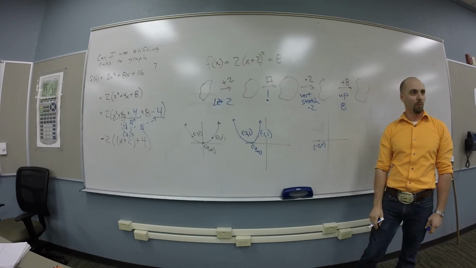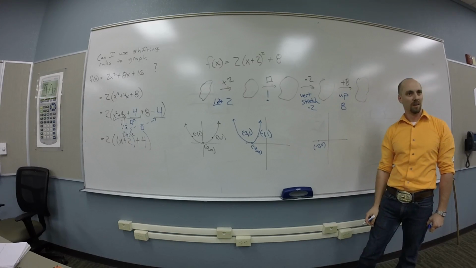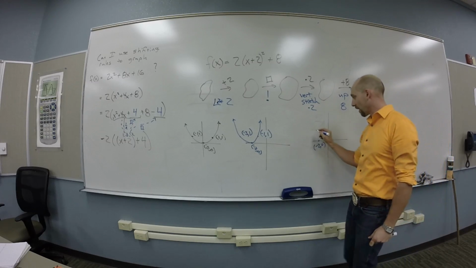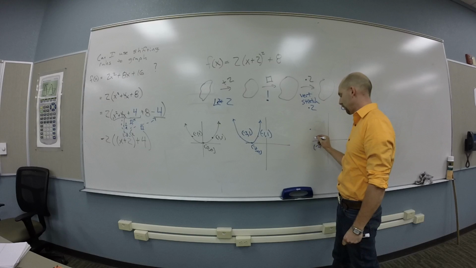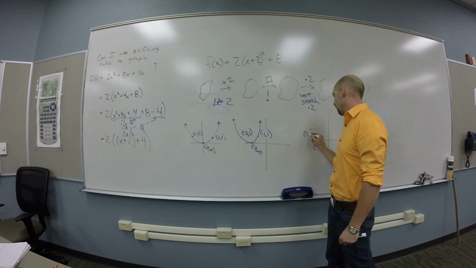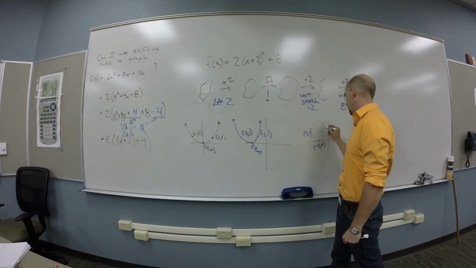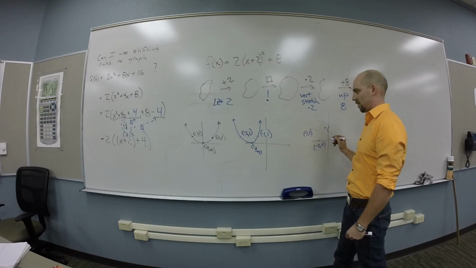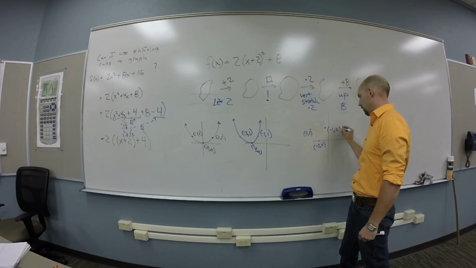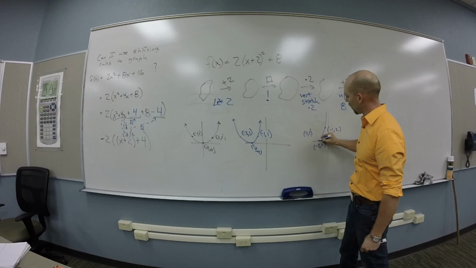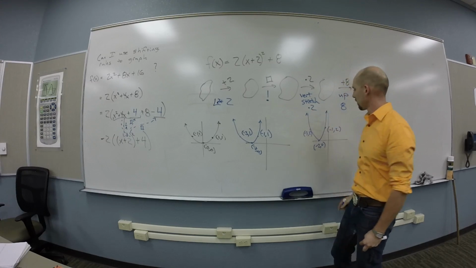And now my other 2 points are at minus 3, 2. Yeah, exactly. So they're stretched up by a factor of 2. So I've got minus 3, 2, and minus 1, 2. So my parabola is now narrower.